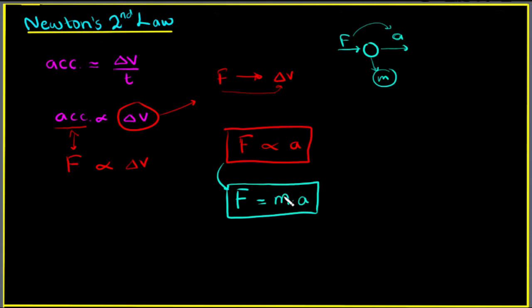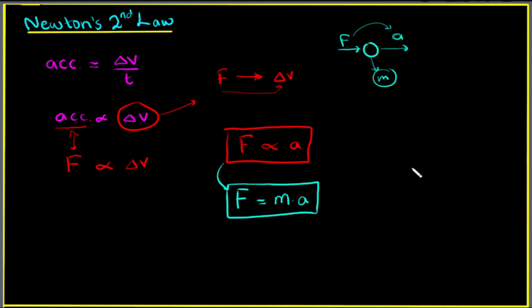So if now something's mass increases, it is also going to affect the net external force that is required to cause the same acceleration. If the mass starts to decrease, then there should be less net external force required to cause the same amount of acceleration. So that makes sense. So F is equal to ma is indeed Newton's second law, and it is nothing different than Newton's first law, but just a numerical or mathematical version of that, right? So F is always equal to ma.